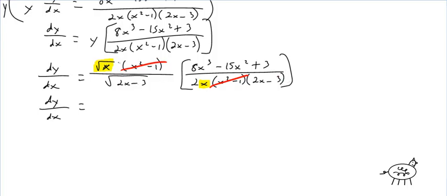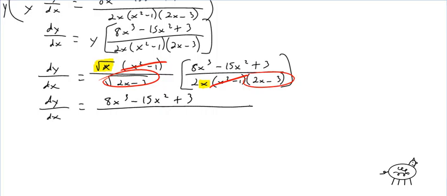And then I have this and this, which I can actually combine together. So let's put it all together. I have 8x cubed minus 15x squared, nothing I can really do with that, plus 3, all over. I have the square root of x and 2x there, so I can do 2 square root of x.